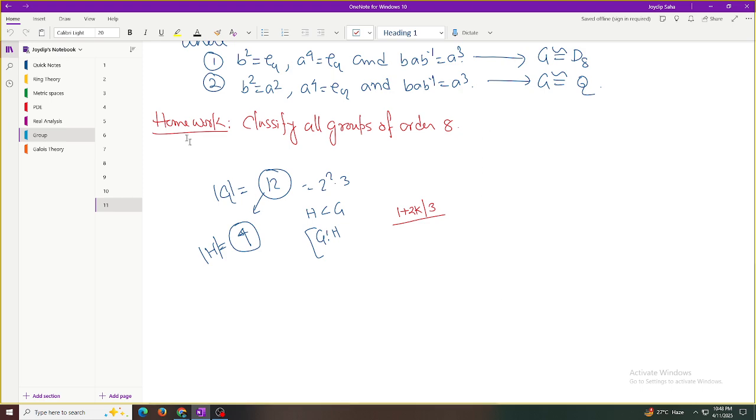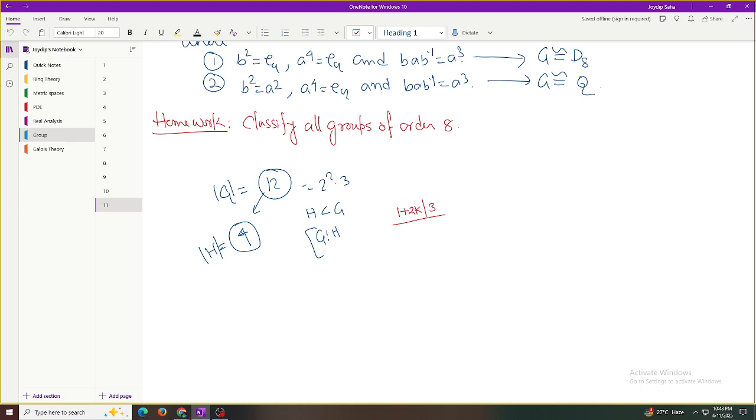So that was the last discussion. So how to classify groups of order 8, right? Okay. If there is an element of order 8, then it is cyclic. If there is no element of order 8, then the order must be 2 or 4.